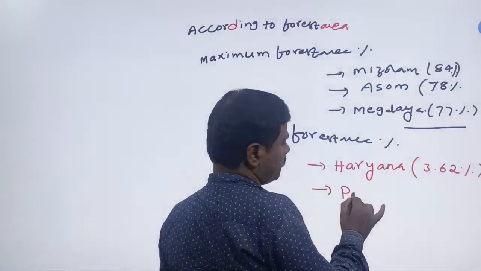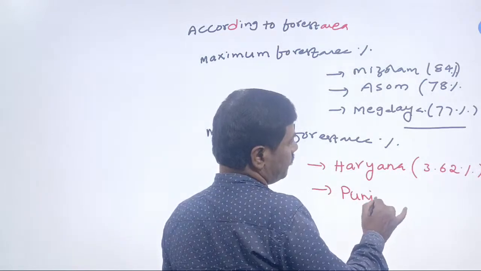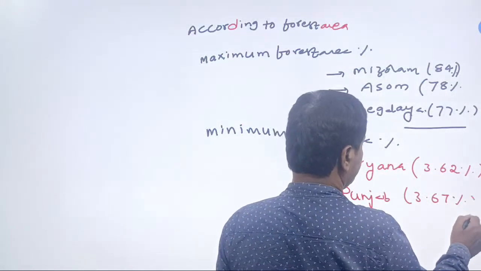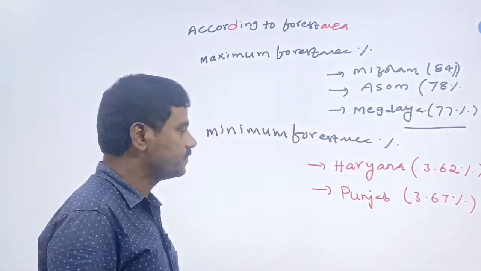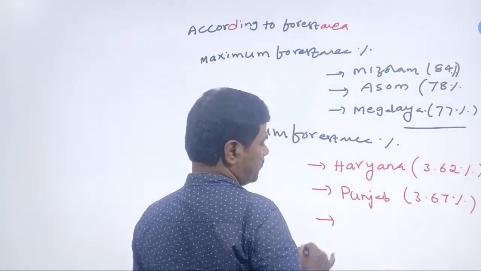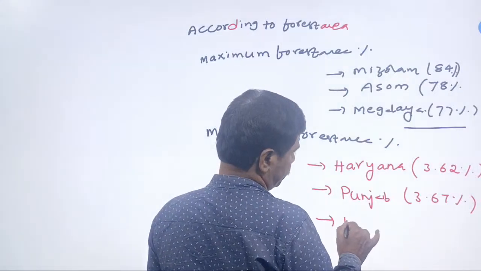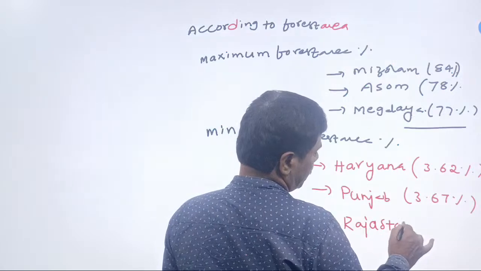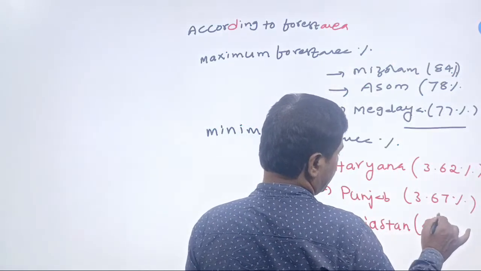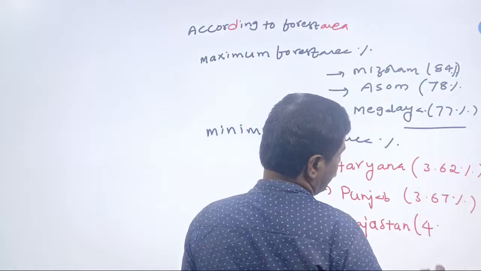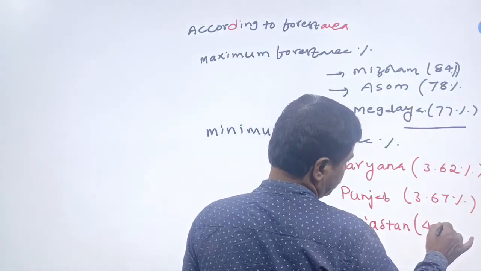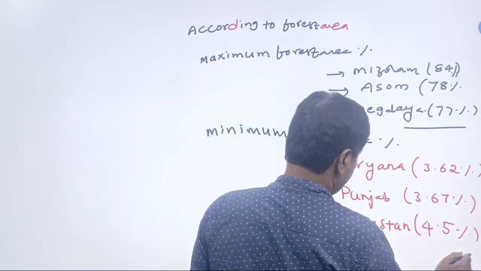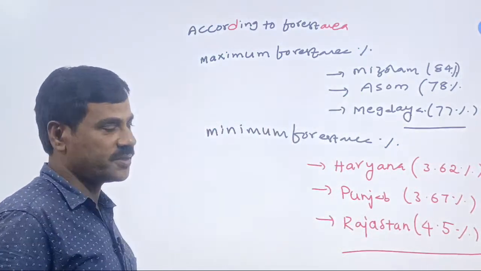Then Punjab, with 3.67 percent. Then Rajasthan, where the forest area occupies 4.5%.